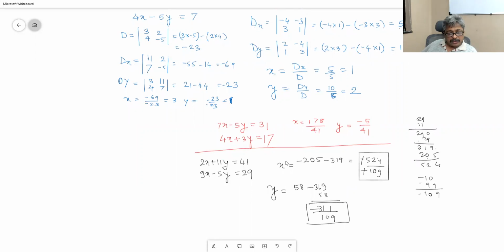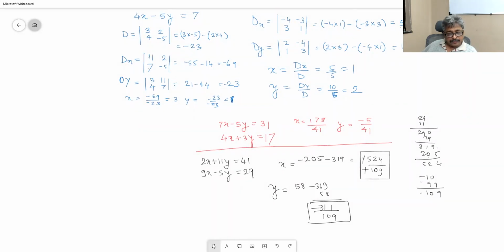Minus 5 into 41 is 205. 11 into 29. When you are finding out x, first take the other diagonal here itself. Don't write it again and again. Take the other diagonal here itself minus the principal diagonal. So minus 319. And that 29 into 11 small calculation is done here. 205 added. Made it 524. So that is my numerator of x.